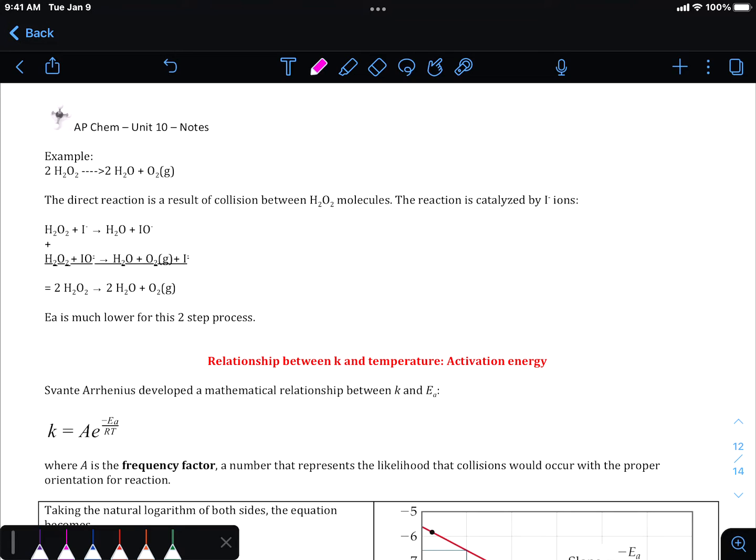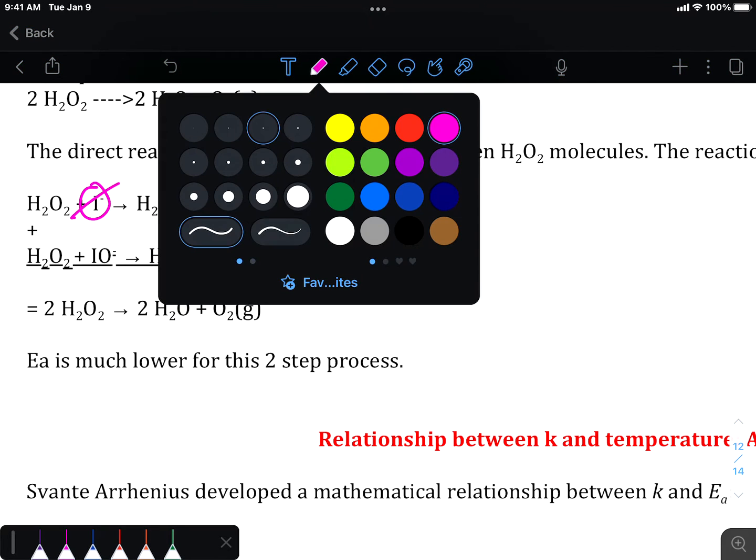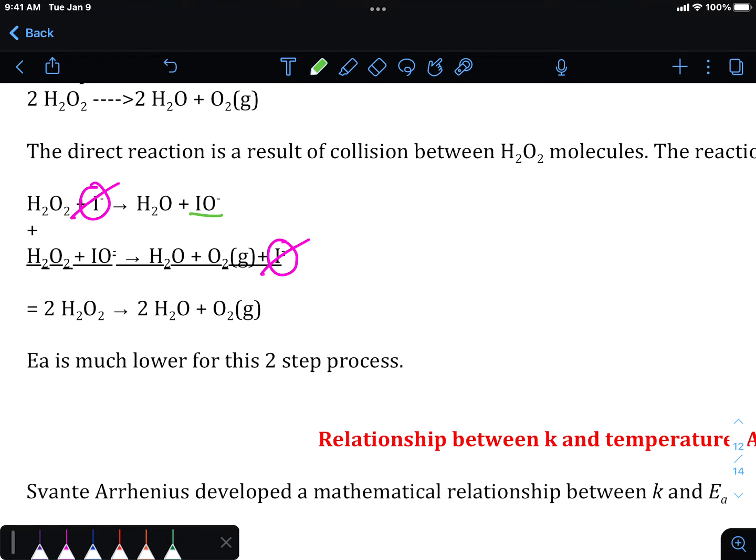So here's an example. Hydrogen peroxide decomposes. We use iodide as a catalyst to decompose hydrogen peroxide, and that's right here. Here's the iodide. So in this mechanism here, using the catalyst, if we algebraically add these two together, you should notice that I minus, the catalyst, gets canceled. And during this, there is the production of this formula right here.